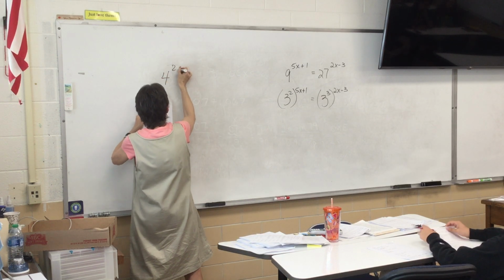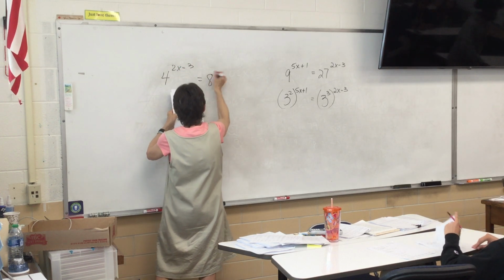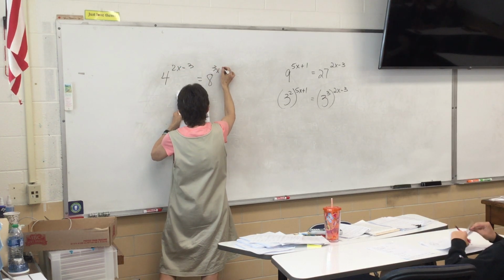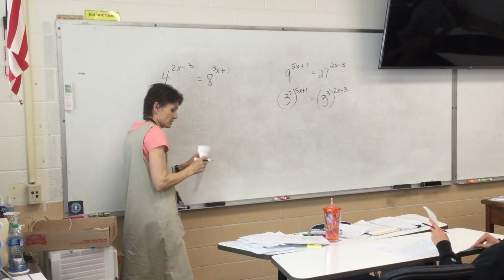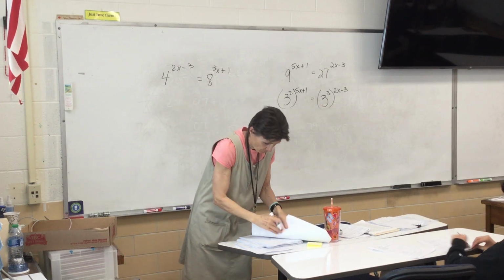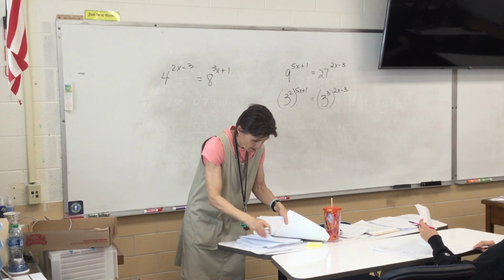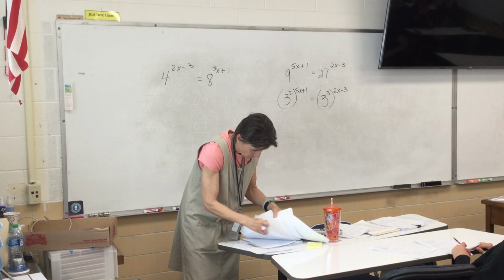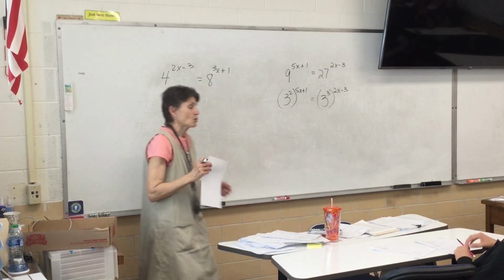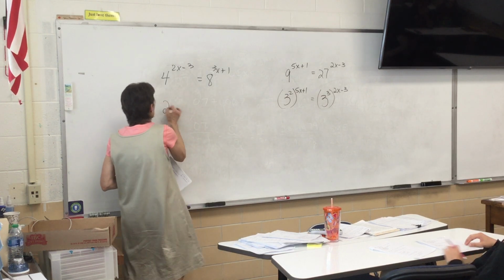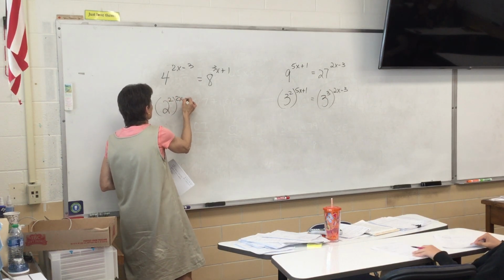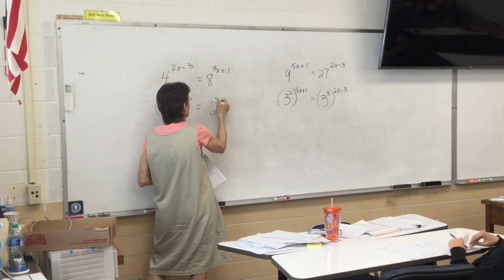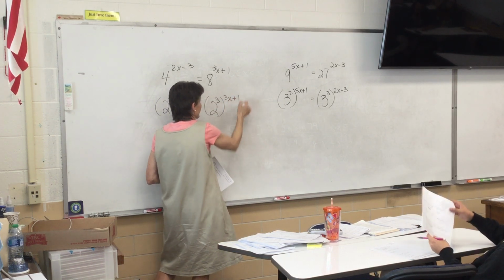So this process that we're doing here can only be done, make sure I'm on the right page, can only be done if the numbers are both powers of the same base. So this is 2 squared, and this is 2 cubed, right?